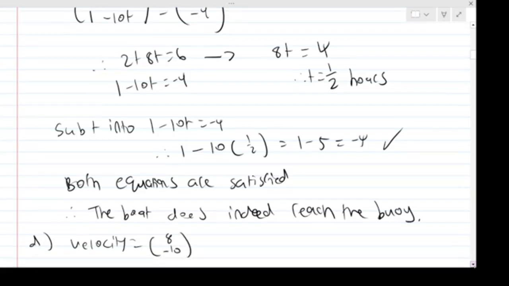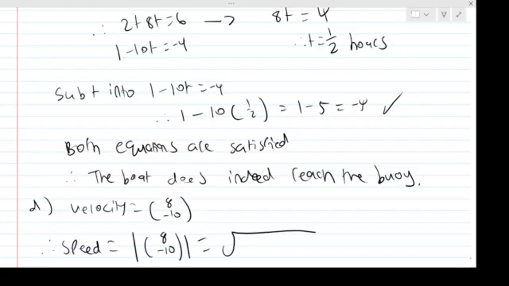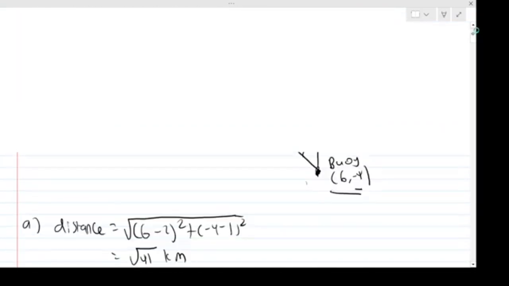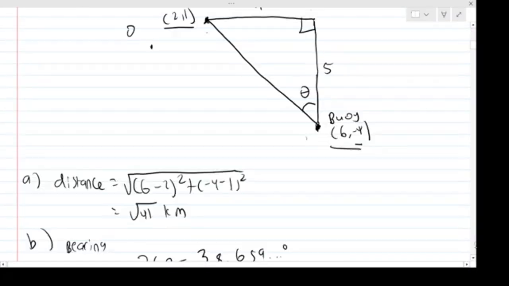So my speed is the magnitude of this, which would be the root of 8 squared, add minus 10 squared, which would be 2 root 41. And again, the units are important. It's kilometers per hour. That's my speed, okay?